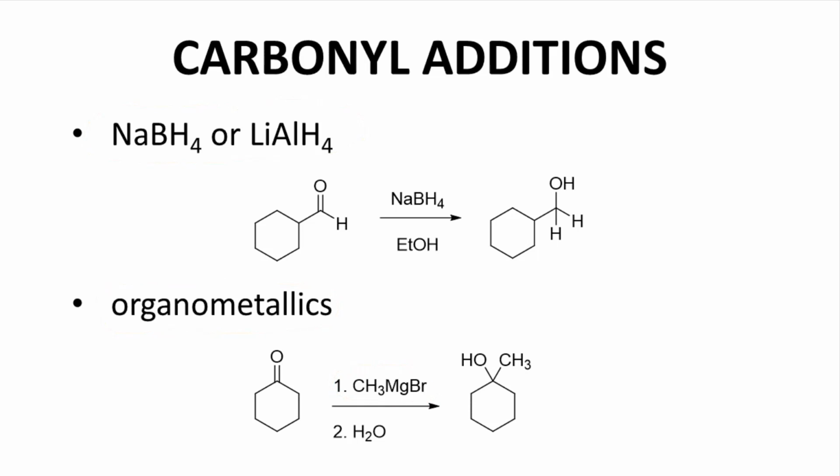Both of these reactions are technically reductions because we're replacing a CO bond with a CH or CC bond. There is no syn or anti aspect to these reactions, but there is regiochemistry. The nucleophiles always attack the carbon side of the CO pi bond.